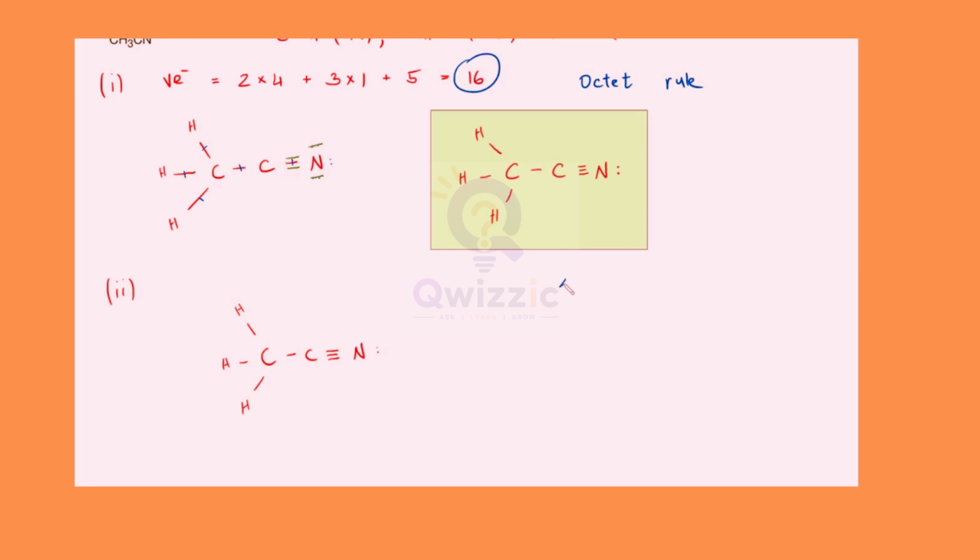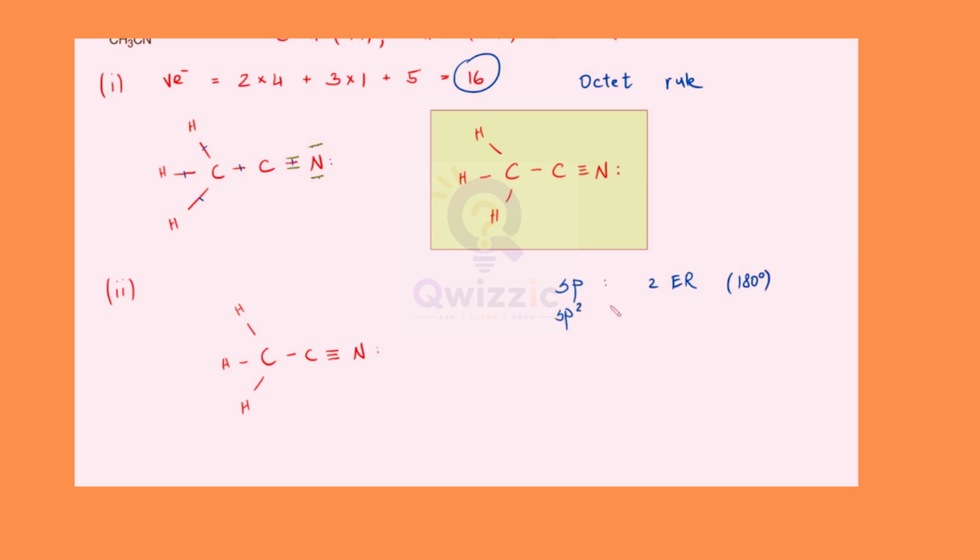And of course, first of all, let's recall the types of hybridization. So sp corresponds to 2 electron regions and an angle of 180 degrees.